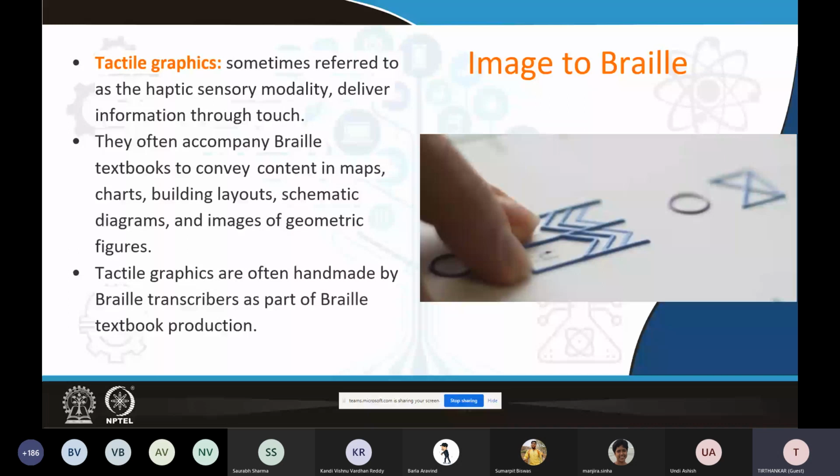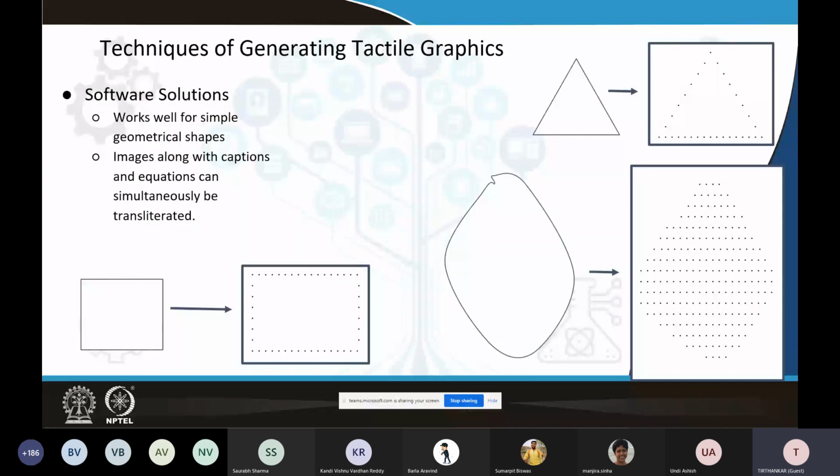So one solution for that, similar to text, is: can we automatically convert images also into Braille? And as a part of study, it has been observed that for simplistic geometrical figures, it is indeed possible to convert images to Braille.